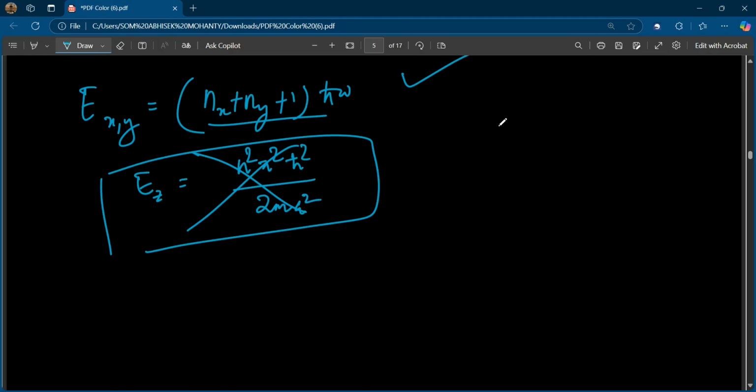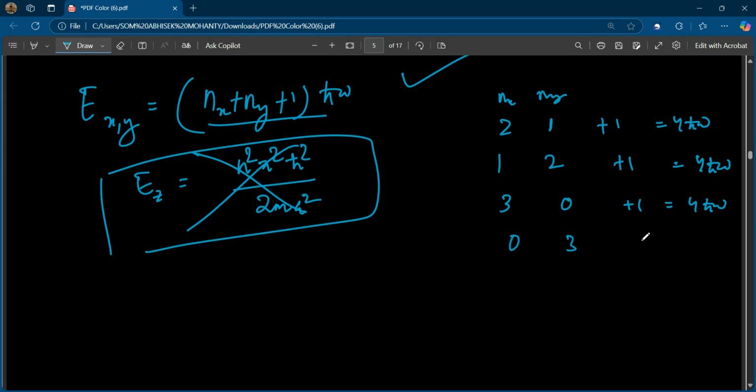If nx is 2 and ny is 1, plus 1 is already there, so 4 h cut omega. This is one combination; 1 2 is another combination, 3 0 is another, and 0 3 is also another. So we get 4 combinations, so the degeneracy is 4.